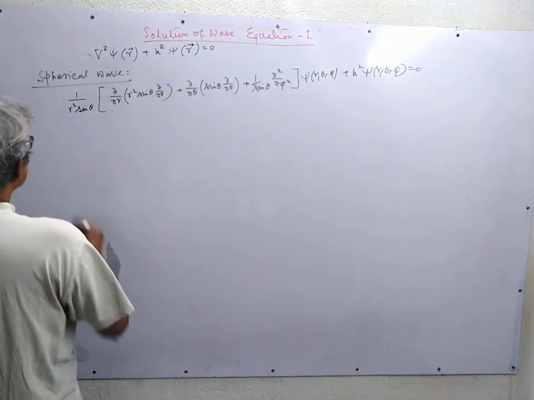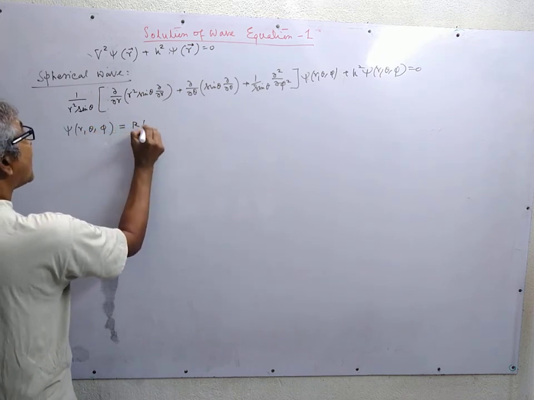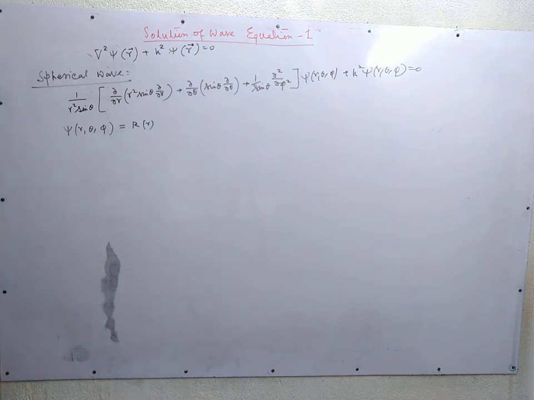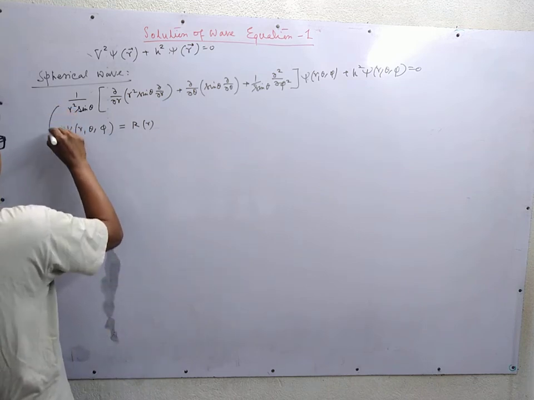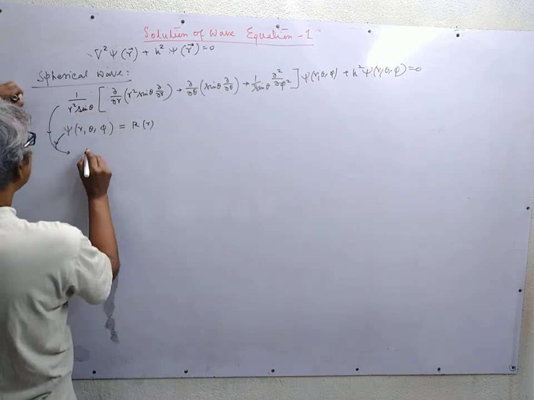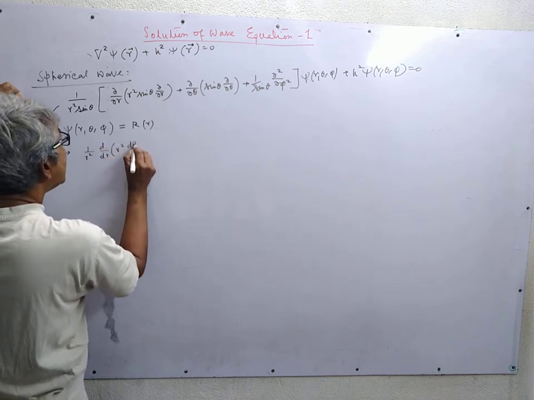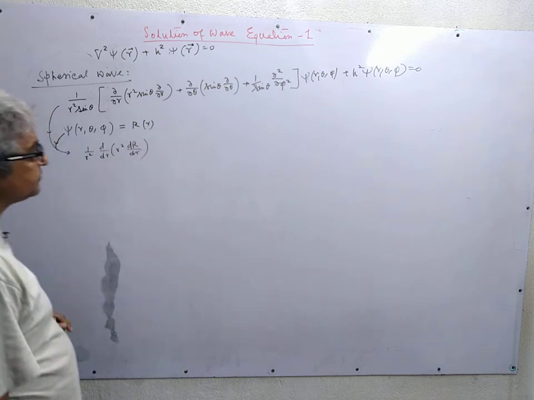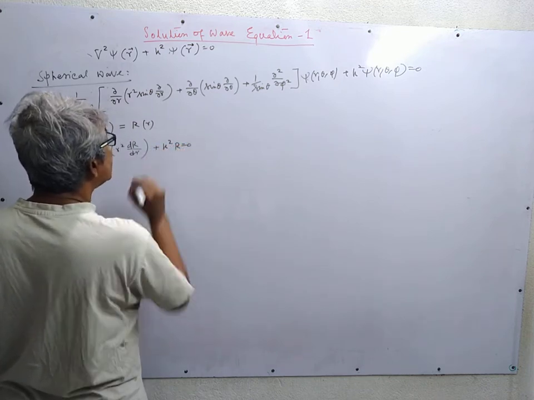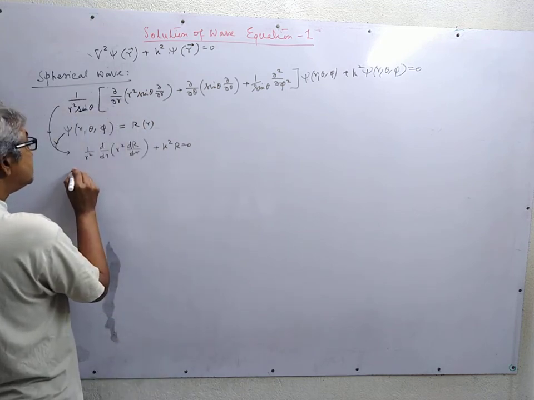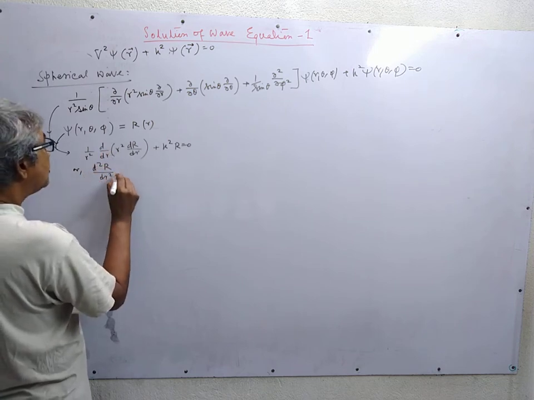For a spherical wave, psi of r theta phi is a function of r only, and there is no theta phi dependence, that is, the theta phi parts are constant, in which case this equation becomes 1 by r square d by dr of r square dR by dr plus k square R is equal to 0.